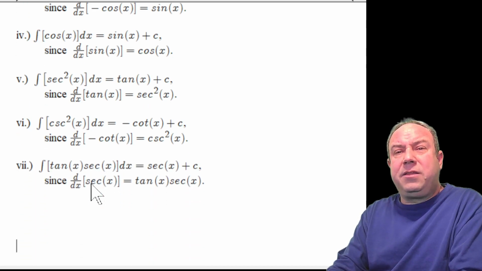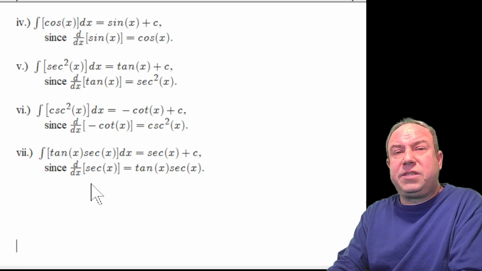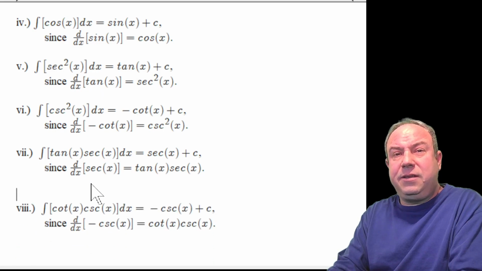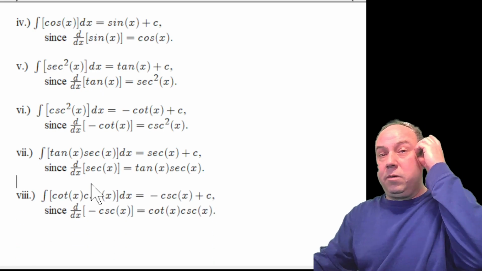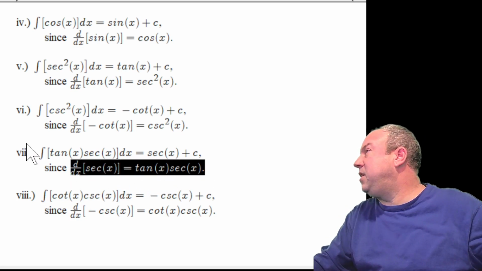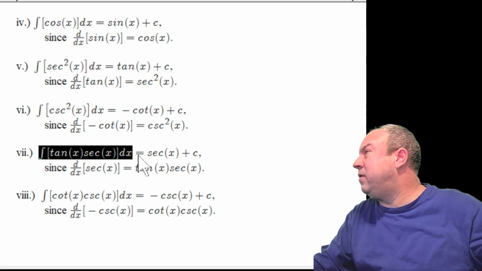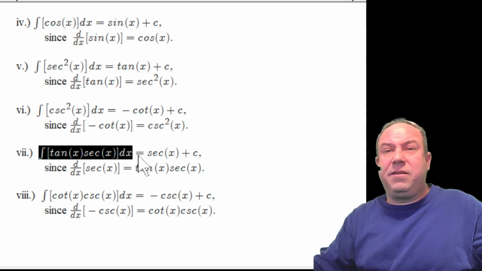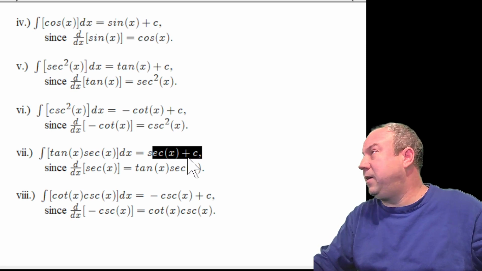Also keep in mind there were derivative rules for secant and cosecant. Because the derivative with respect to x of secant of x is tangent of x times secant of x, the antiderivative of tangent of x times secant of x is equal to secant of x plus c.